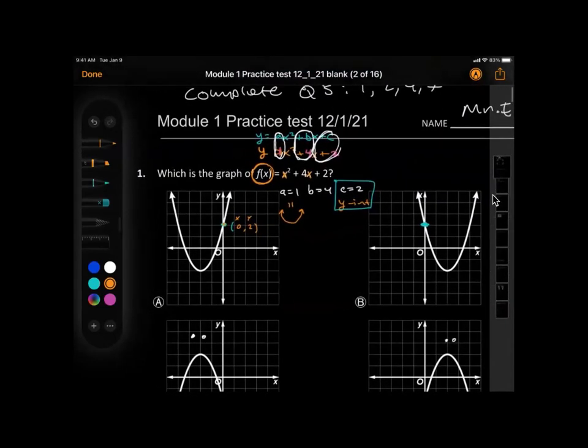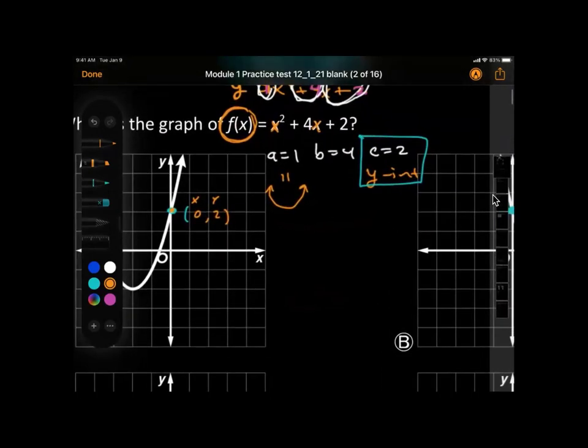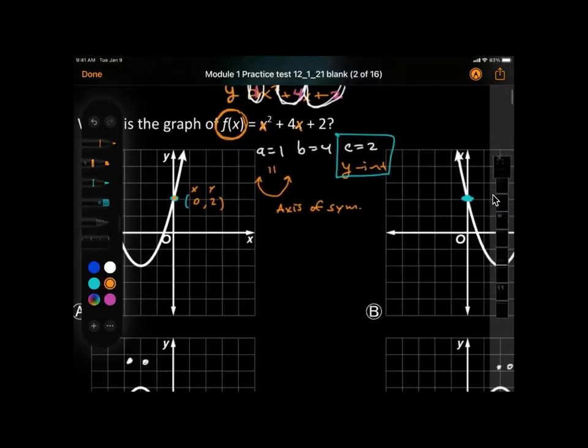Now that didn't help us because both A and B have not been eliminated. So the last thing I'm going to choose is the axis of symmetry. And that formula is x equals negative b all over 2a.